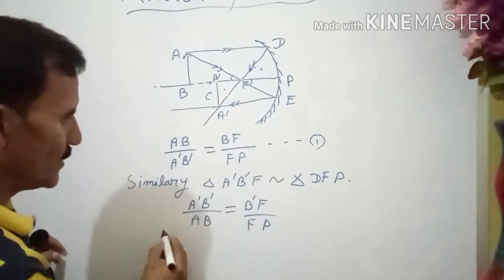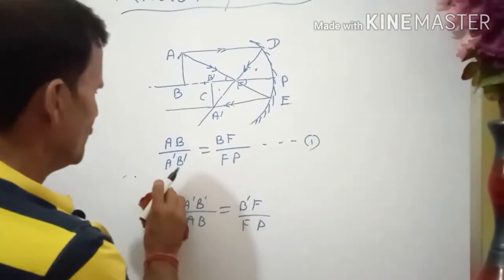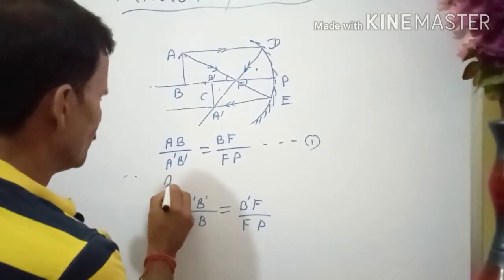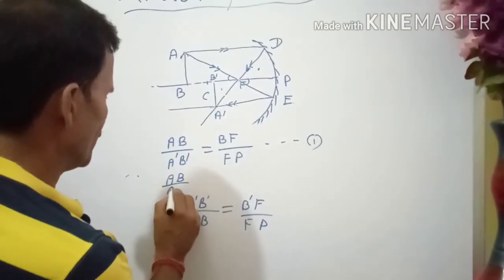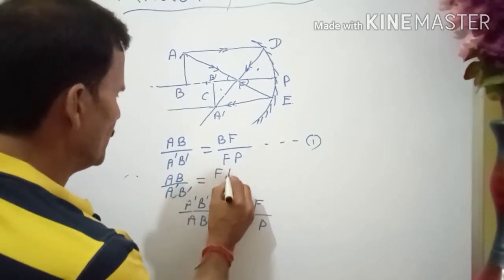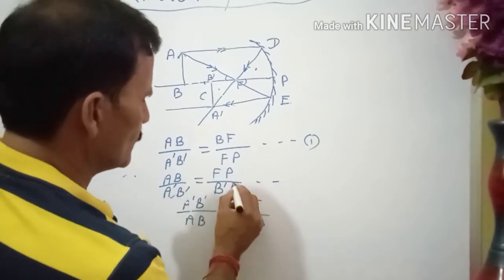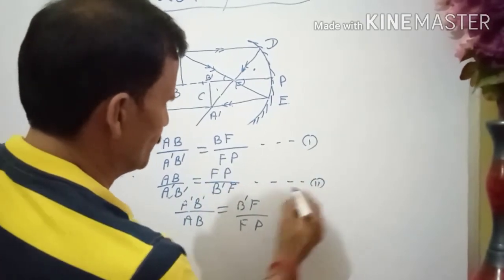Better make it similar to the first one. So you can write AB upon A dash B dash is equal to FP upon B dash F. Suppose this is equation number 2.